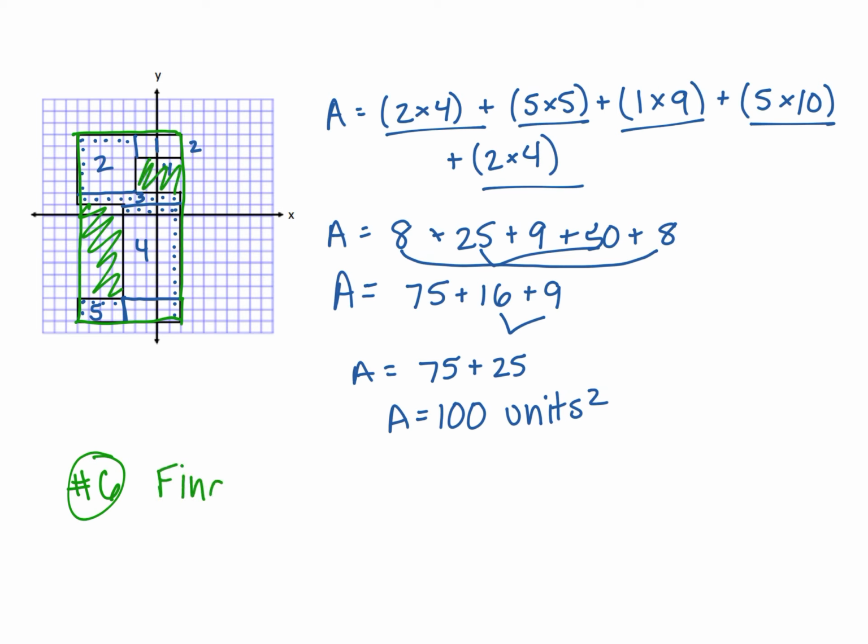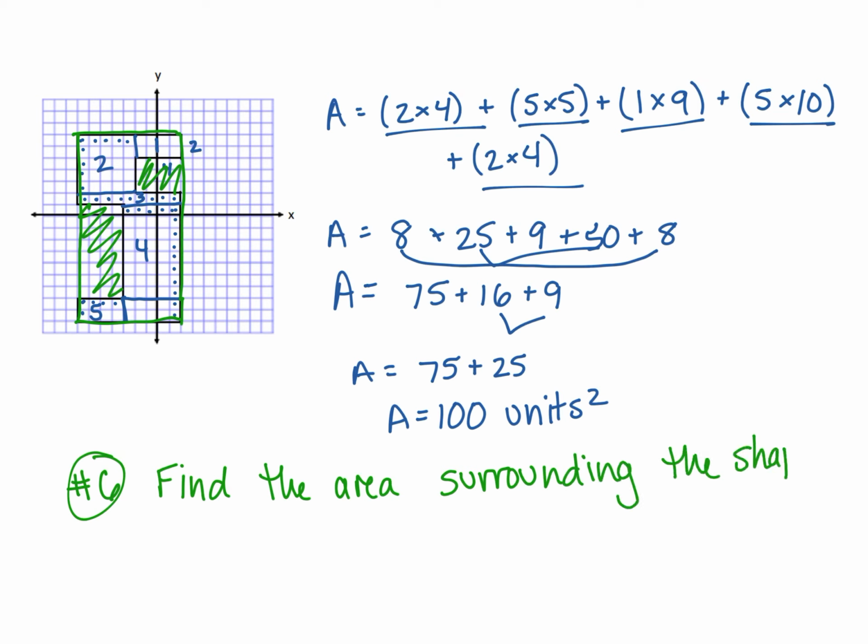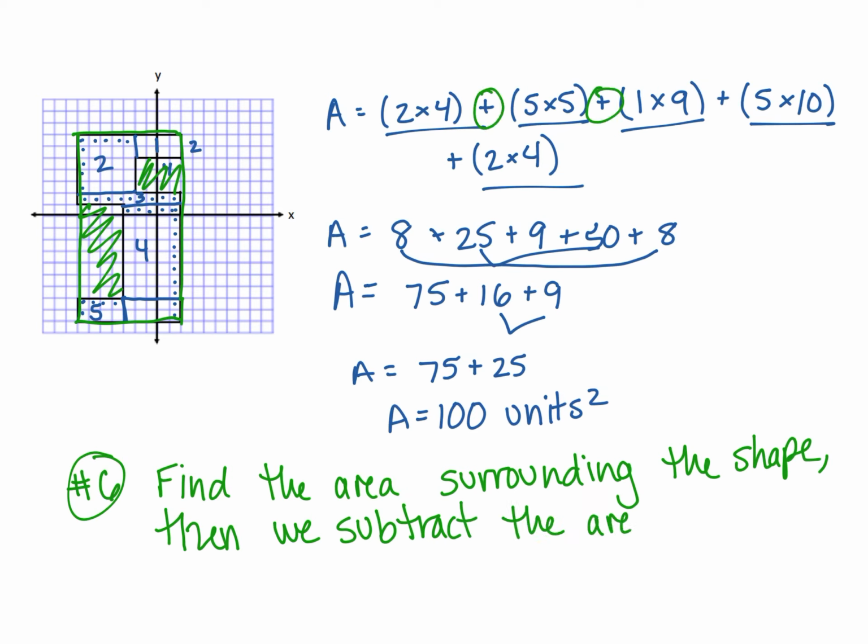So find the area surrounding the shape. And the way that this one would be different is we could subtract instead of adding like we did up here. We would subtract the areas we did not want.